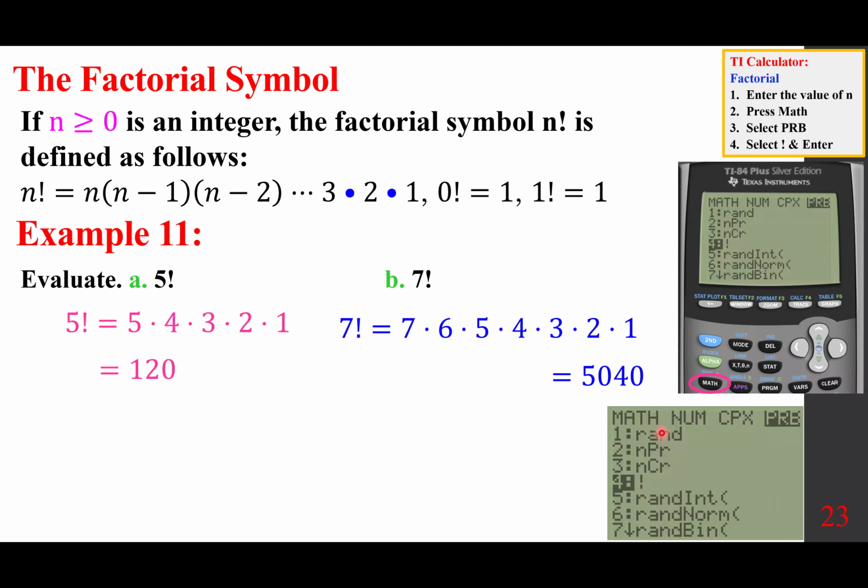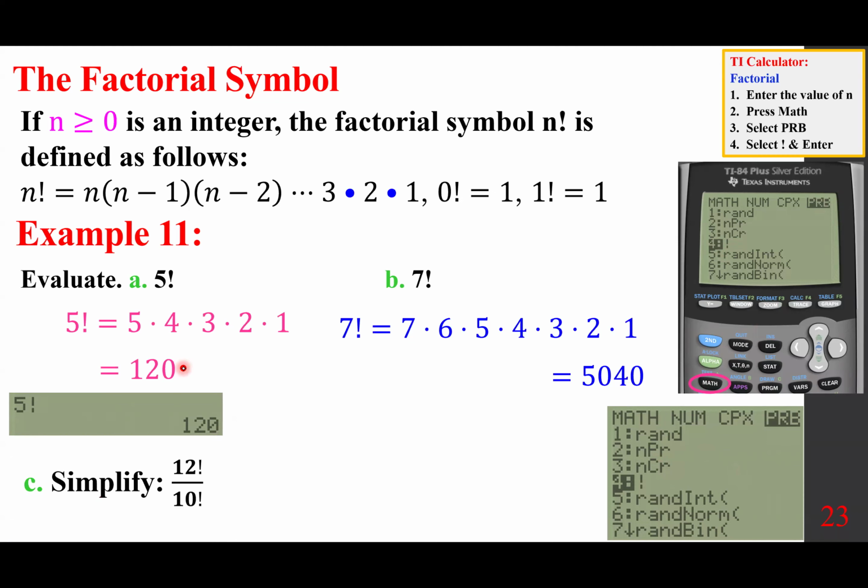And we have nPr, nCr, those are combinations and permutations. So for example, 5 factorial, we put it in, we get the answer. Okay, as an example, it's easy to do.